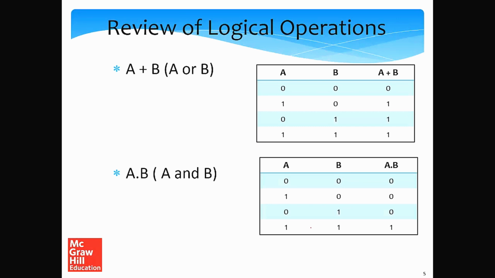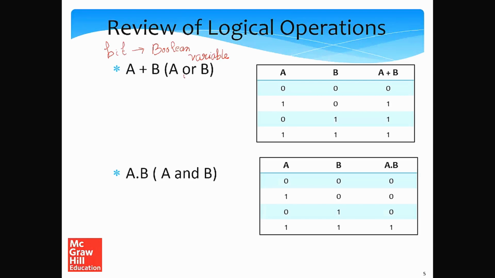Now let's take a look at some basic logical operations on bits. A bit is also called a Boolean variable in honor of George Boole. A Boolean variable can only take values 0 or 1. Let's define some simple operations.